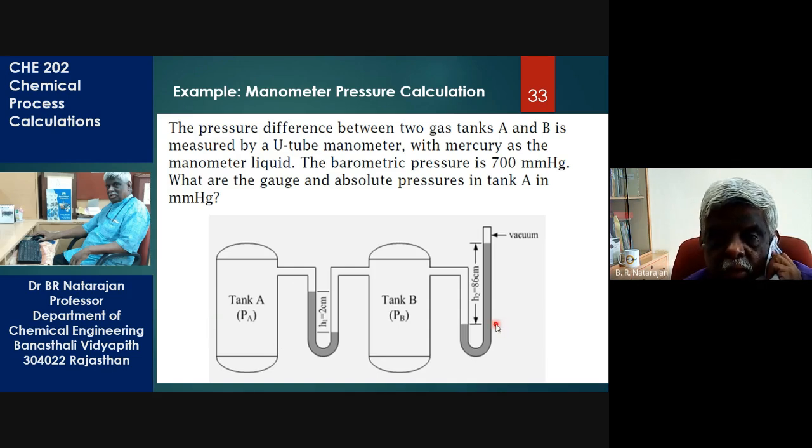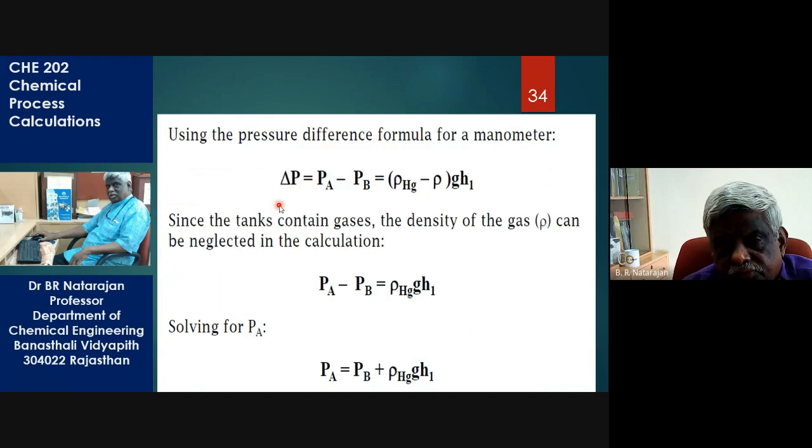Here also there is a manometer. So we have to find the gauge pressure and absolute pressure in tank A in millimeters mercury. Let's see how to go about it.